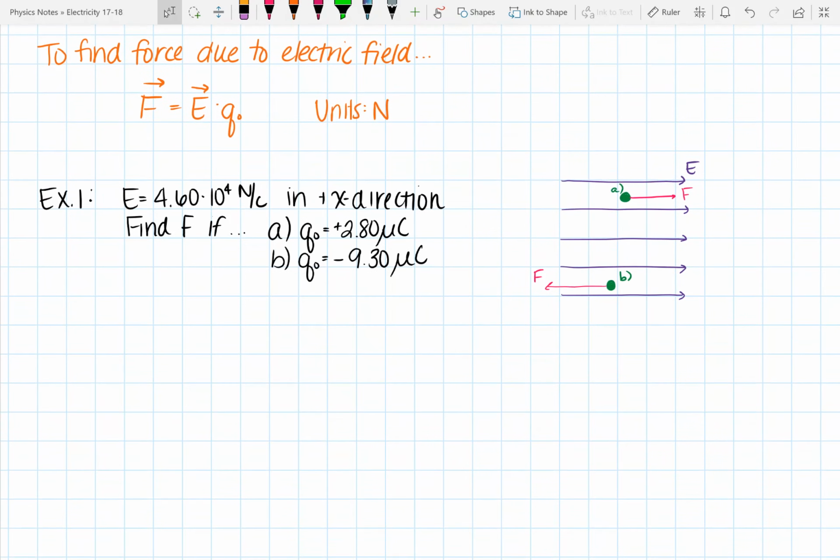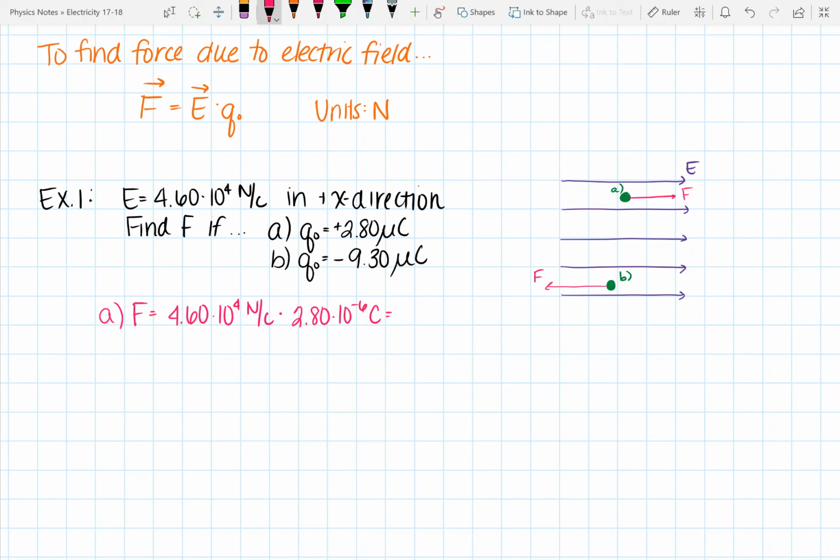Now, calculating these is quite simple. We just use the equation that we had above. So, for part A, the force is going to be equal to the electric field, so 4.6 times 10 to the 4th newtons per coulomb, times the charge, so times 2.8 times 10 to the negative 6th coulombs.